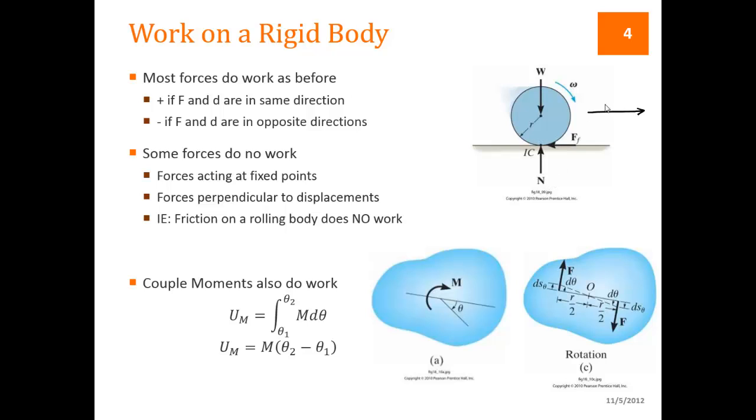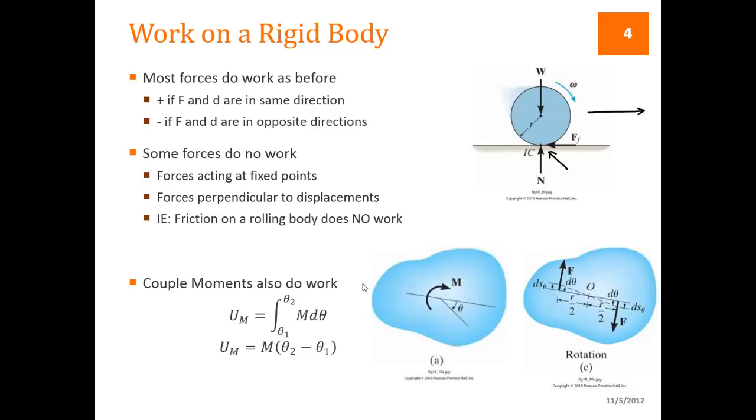N, likewise, is not going to do any work. The friction is not going to do any work because this is the instantaneous center of zero velocity. So this point is a fixed point instantaneously. So F, the friction, has no distance through which it works.